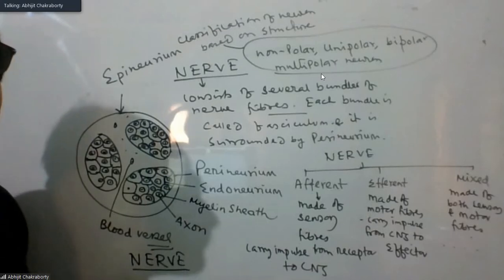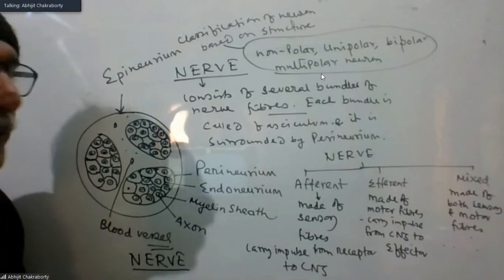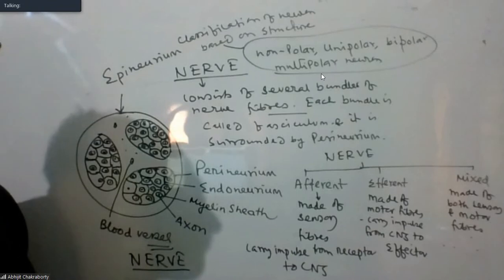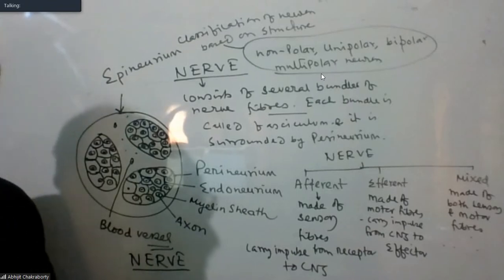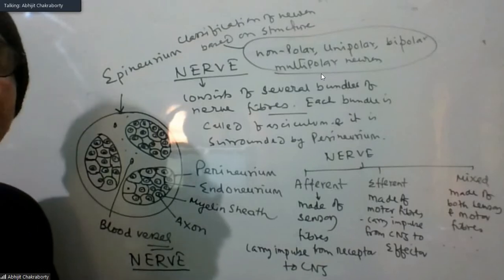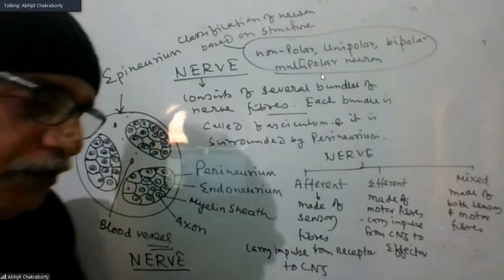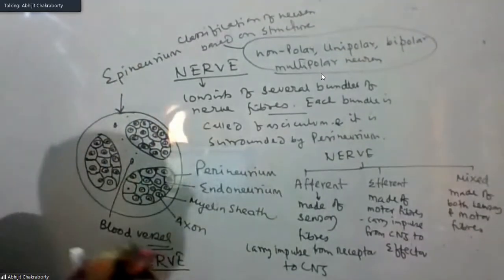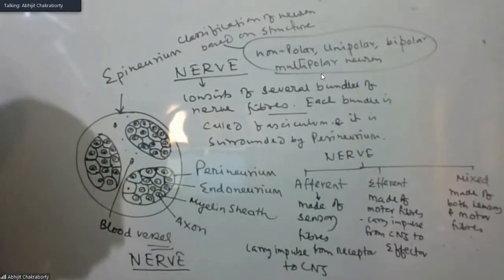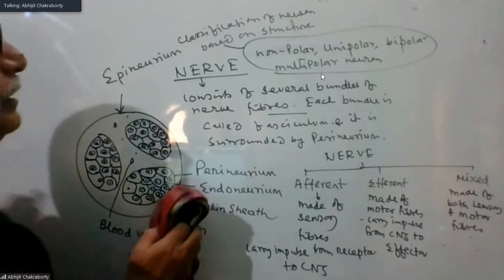And you find it out yourself. This is your task. Clear? Is it clear? You yourself find out this. So this is all about the animal tissue.